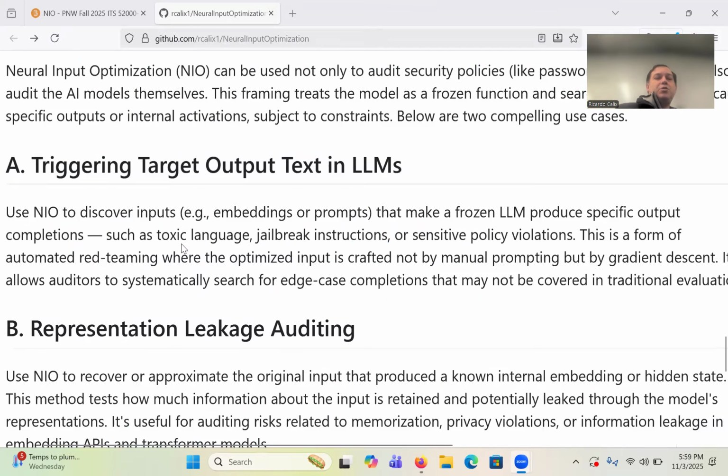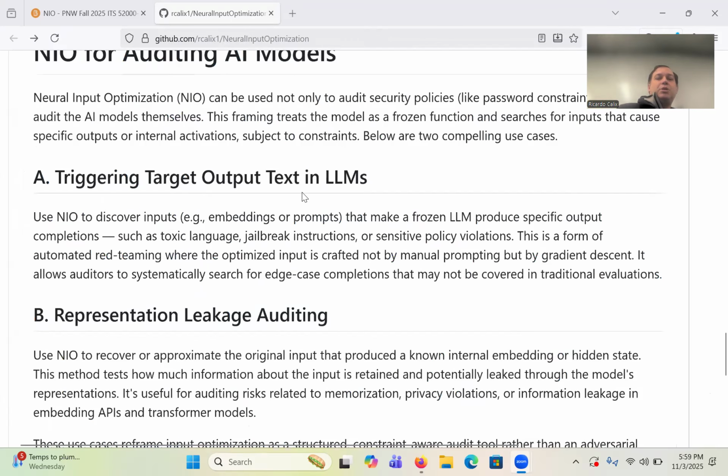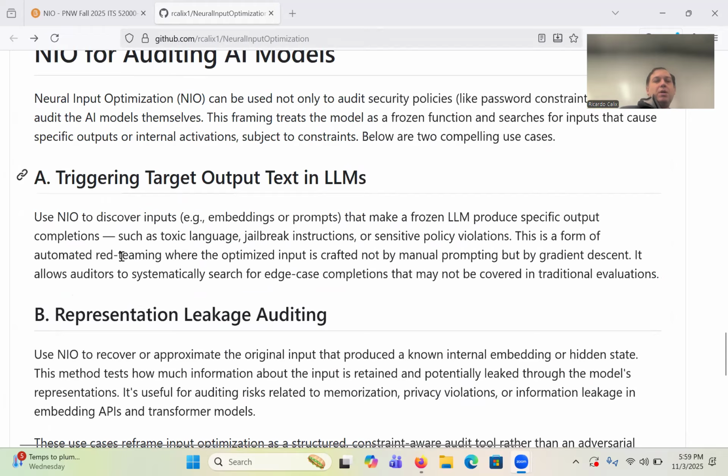Below are two interesting use cases. The first one, triggering a target output text in a large language model. Use NIO to discover inputs, e.g. embeddings or prompts, that make a frozen LLM produce specific output completions, such as toxic language, jailbreak instructions, or sensitive policy violations.